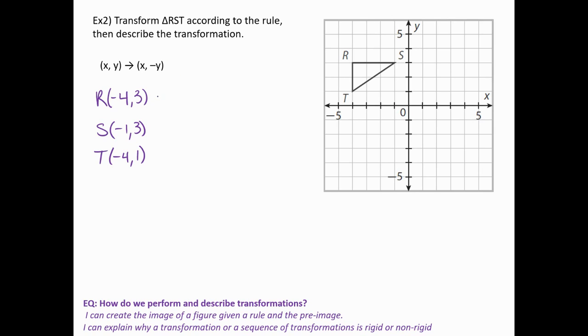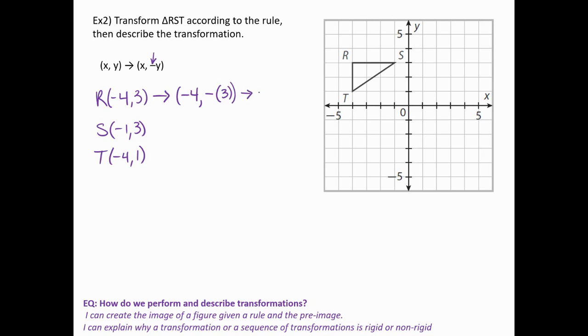Then my rule, I'm going to apply my rule. So this time the rule is a little bit different. We're not adding or subtracting this time. We just have a negative in front of the y. So the x's are not going to change. I'm just going to simply rewrite them. So I would apply the rule. I plug in -4 for my x, but for the y, it says do -y. So I'm going to do negative, and then the y value I have is 3.